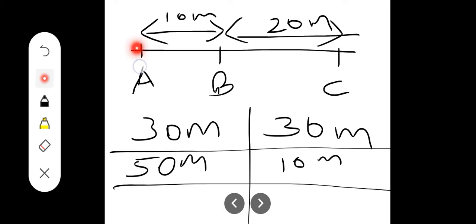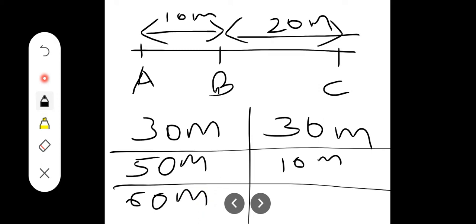Starting from A, go to B, then to C, then to B again, and then to A. In this particular example, what is the path length? 10 meters here, 20 meters here, again 20: 10 plus 20, 30, plus 20, 50, plus 10, totally 60 meters. Correct? It is 60 meters in this example.